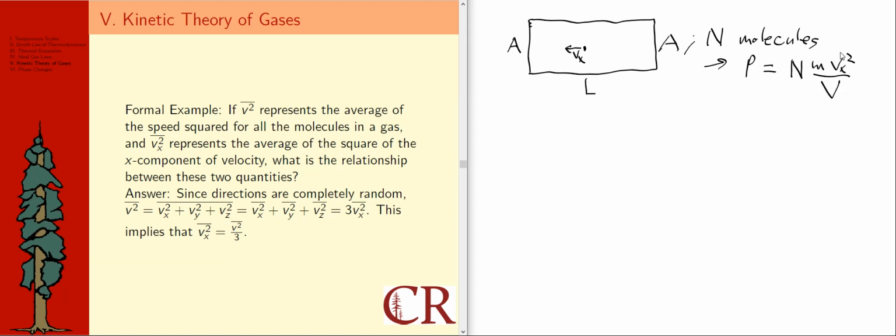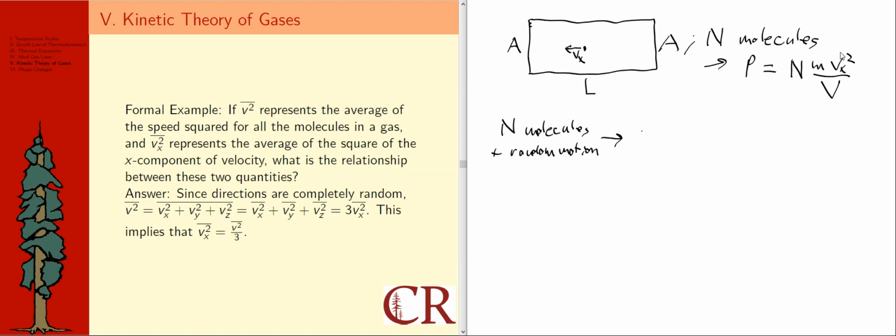So if this is true, that suggests that maybe, like here I said n molecules, but now I'm going to say n molecules plus random motion, which by that I mean they're all traveling in random directions at random speeds.